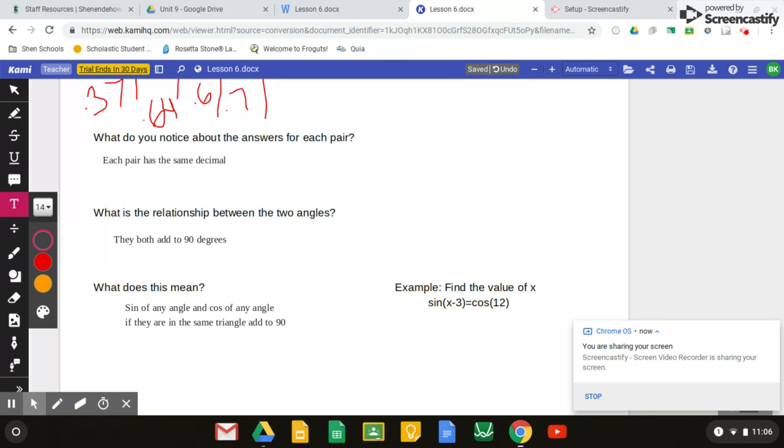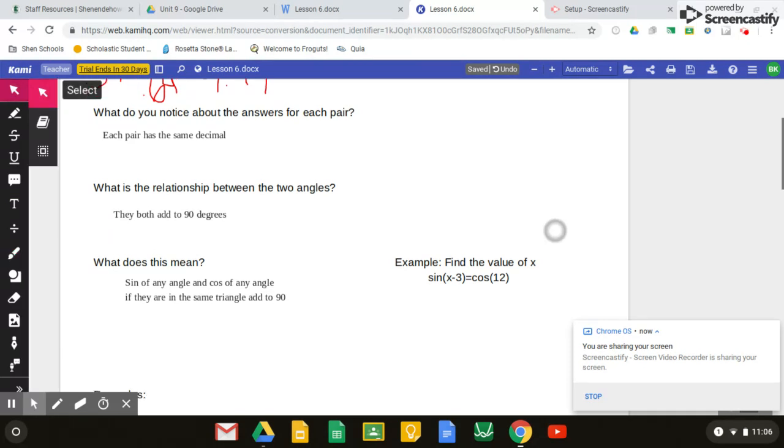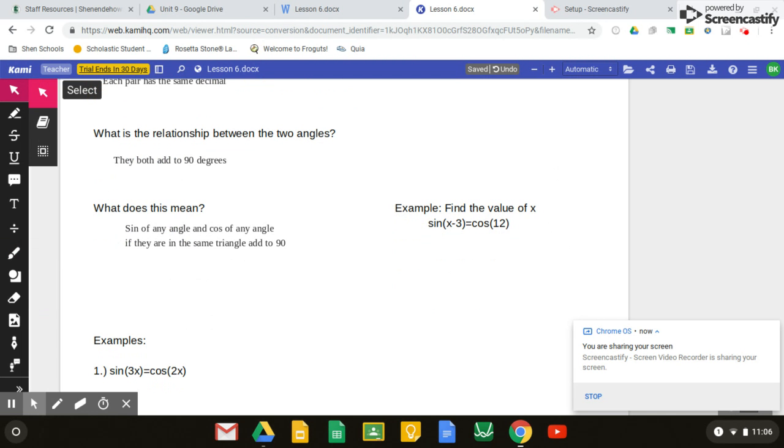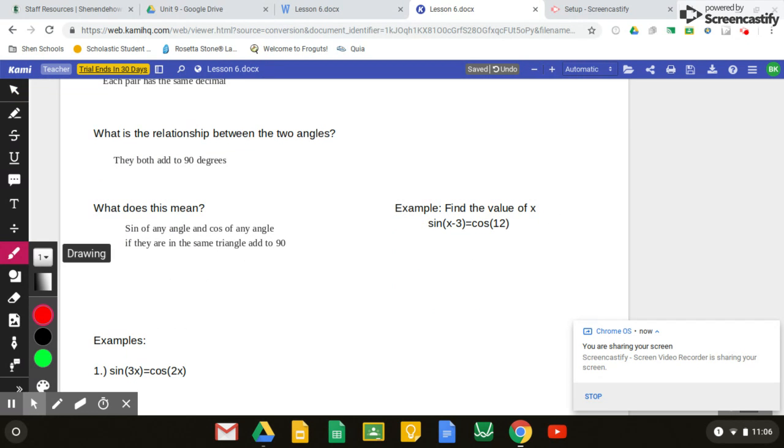Okay, so this is a new fact we have, and let me get the pen to see how this is going to help us solve these problems. Over on your right, you see our first example. We now know this fact: if we have sine and cosine, same triangle, and they're set equal to each other, that means these two angles are going to add to 90 degrees.